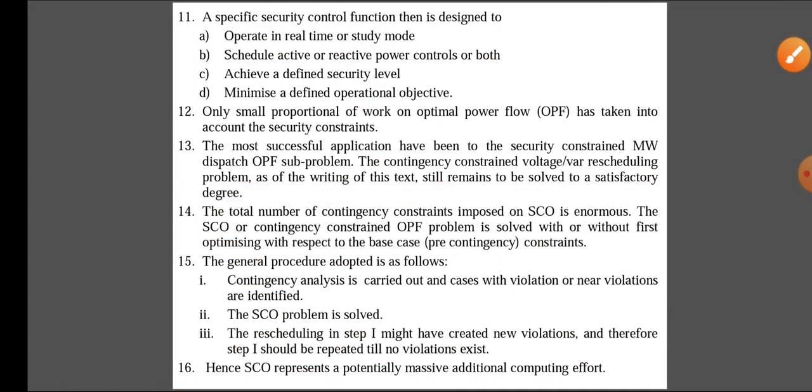The rescheduling in step 1 might have created new violations, and therefore step 1 should be repeated. If because of rescheduling some violations exist, we have to reschedule again, in such a way that violations do not exist. So step 1 should be repeated till no violations exist.